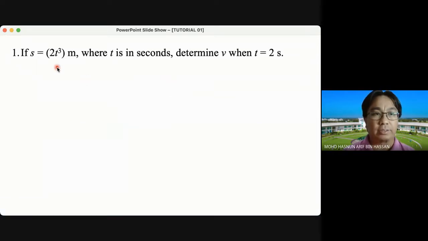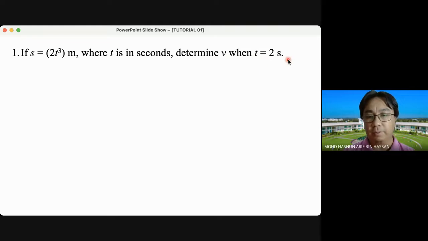Let's look at question number 1. If S is 2t to the power of 3 meters, where t is in seconds, determine v when t is equal to 2 seconds.